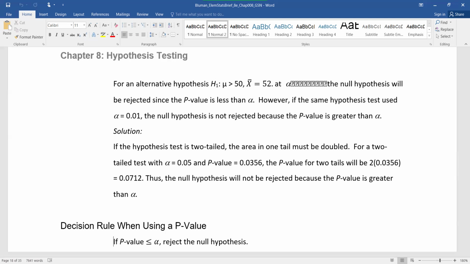Thus, the null hypothesis will not be rejected because now the p-value is greater than the alpha. So when we deal with a two-tailed test, we double the p-value, and if that falls outside of our significance level, we fail to reject the null hypothesis.